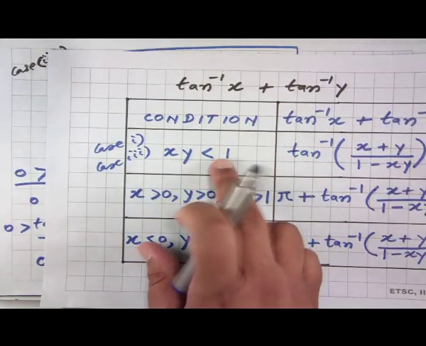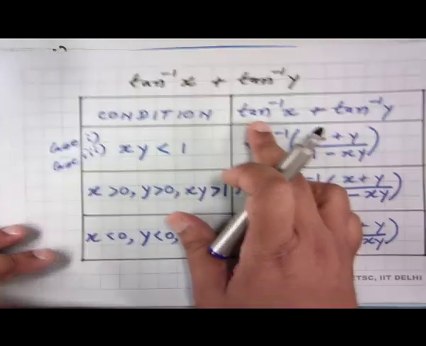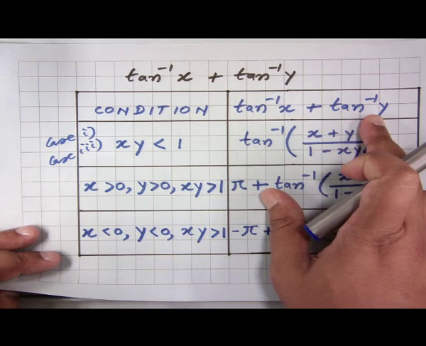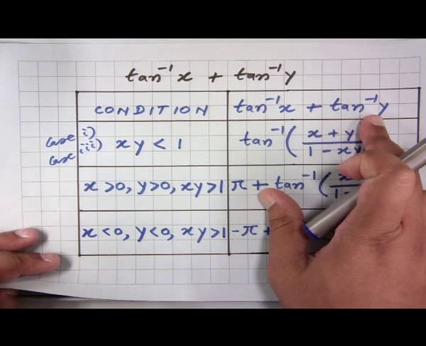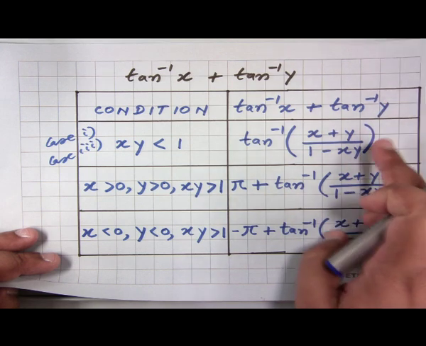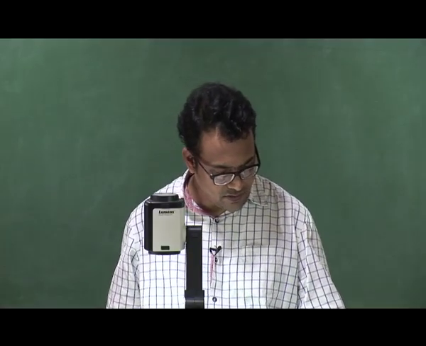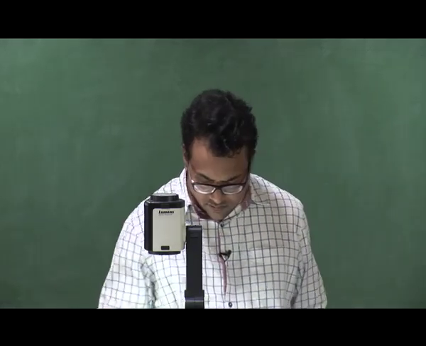So both these cases belong to this condition here, and in both cases we showed that tan inverse x plus tan inverse y belongs to the interval minus pi by 2 to plus pi by 2, which happens to be the range set of tan inverse, and therefore this will be equal to this. So one more case remains, if we go back to our table that we saw just now.